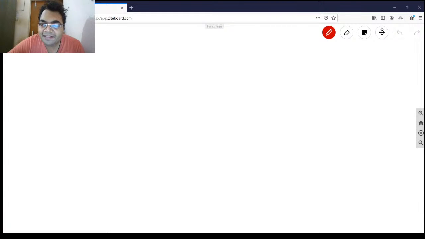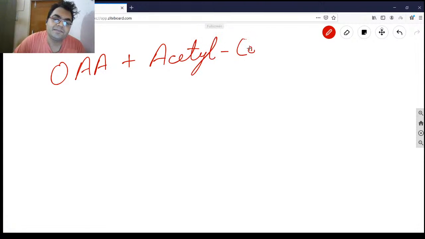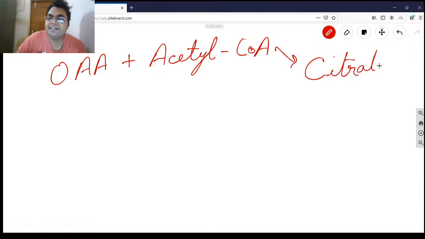In this reaction, oxaloacetate plus acetyl coenzyme A gives citrate production. And this citrate is a very special molecule. While producing citrate, the coenzyme A is released as CoASH.